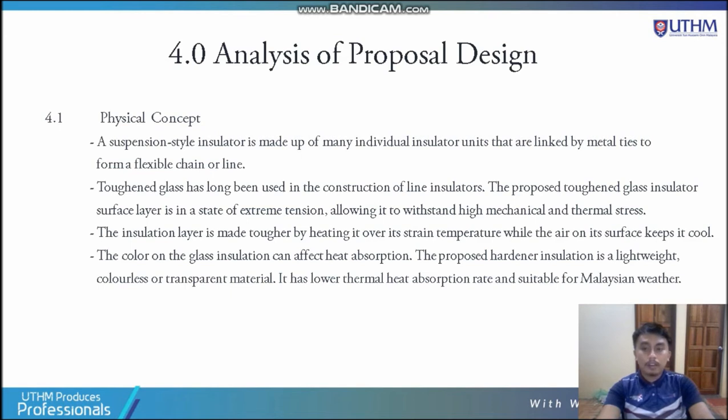And the last is the color on the glass insulation can affect heat absorption. The proposed hardener insulation is a lightweight, colorless and transparent material. It has lower thermal heat absorption rate and suitable for measure weather.